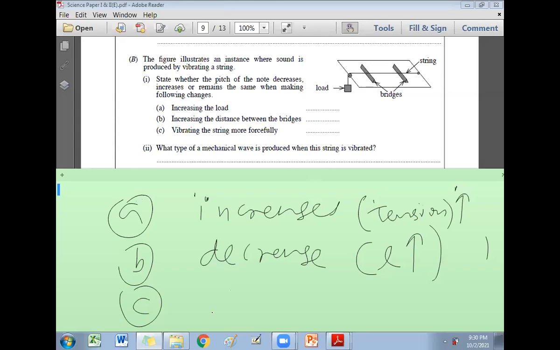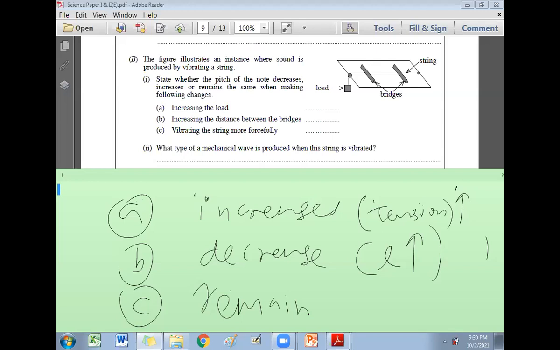Now, what is the answer for this one? Remain same. Please write here, when the strings are pulled more forcefully, what will change? Not the pitch. When you pluck the wires hard, when you beat a drum with greater force, what will increase? Loudness. Pitch will not change.